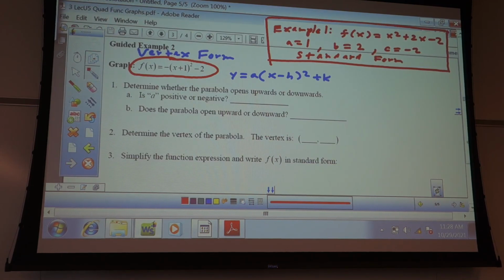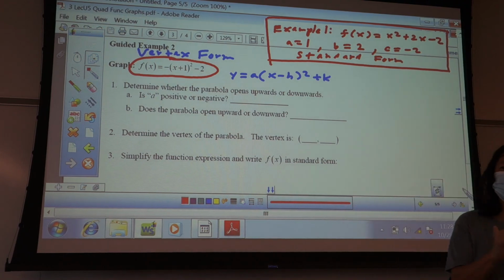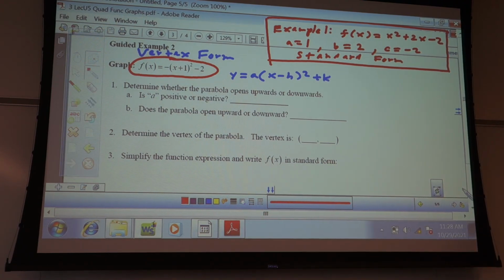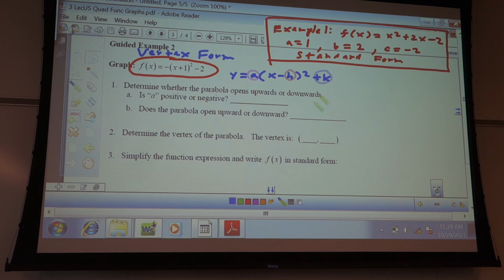All right, so this is vertex form, which means they have not given you the A, the B, and the C. What are they giving you instead? They are giving you A, H, and K. K is not C. It's very definitely not.